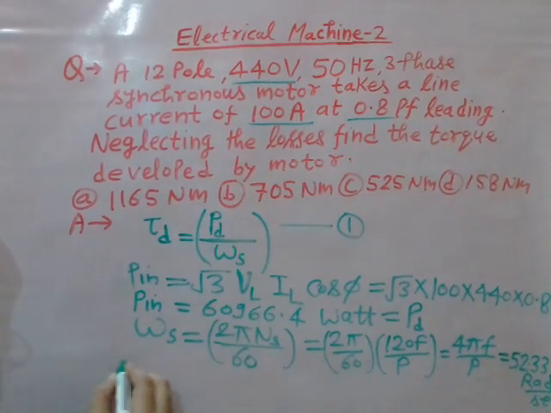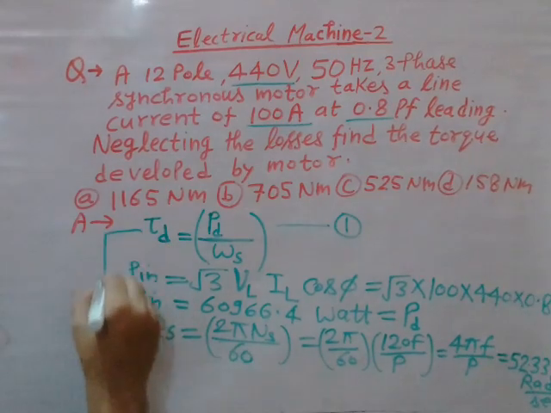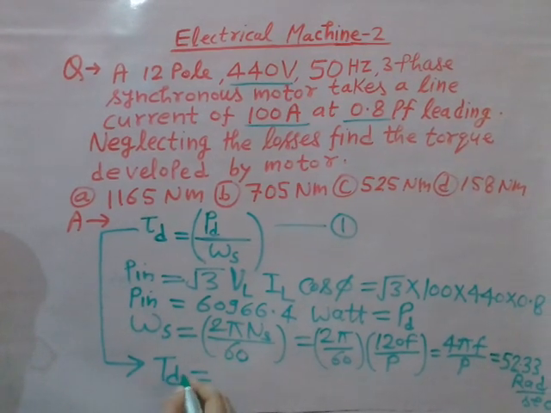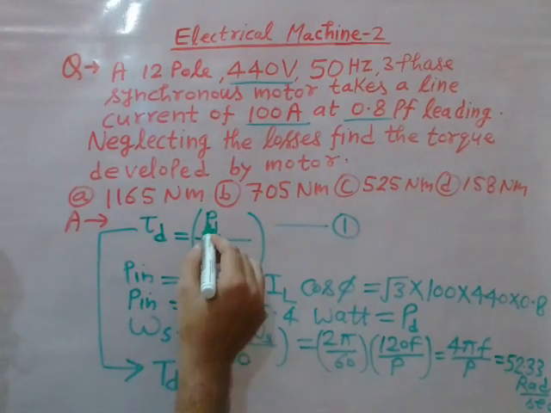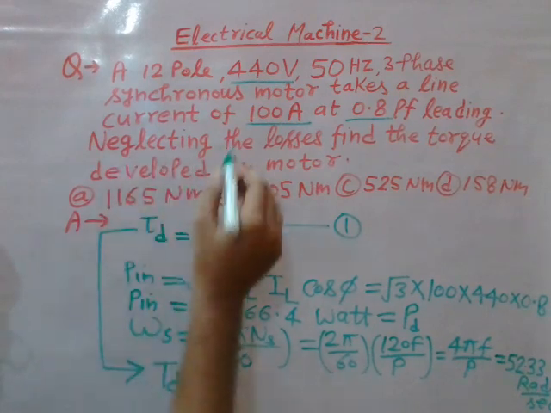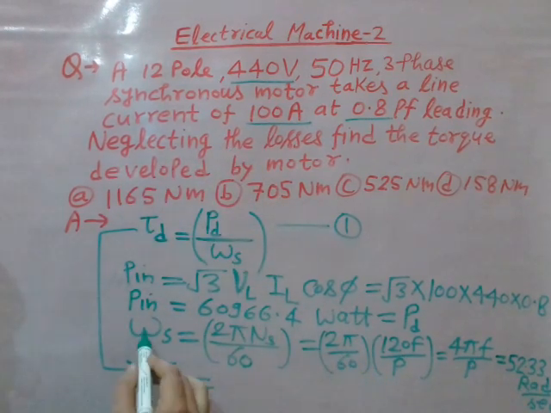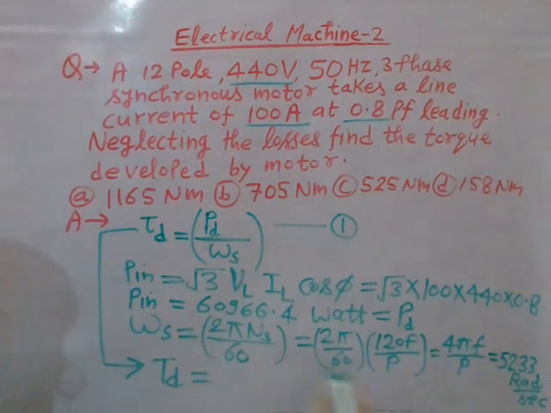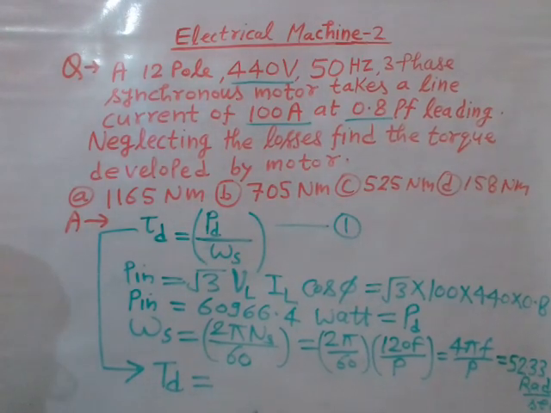Now from equation number 1, you can find out the developed torque. Developed torque is equal to developed power, which is nothing but input power only, neglecting all the losses, divided by the angular synchronous speed of flux in air gap, that is omega s, 52.33 radian per second.